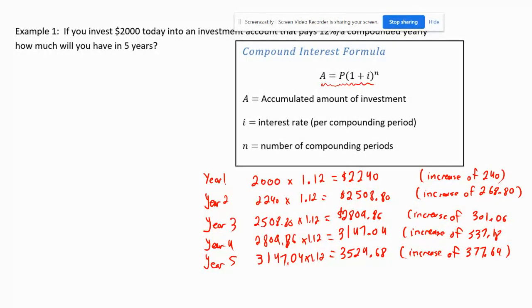This is how people retire with over $1 million in the bank account: they're investing every month and that money is earning compound interest all the time.